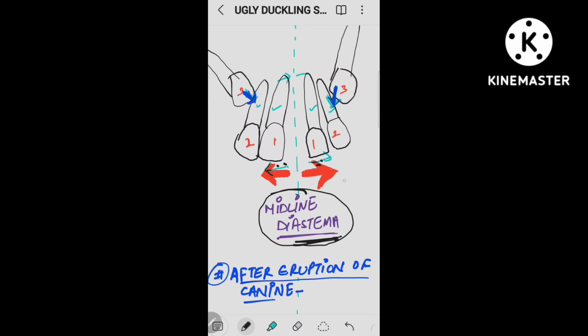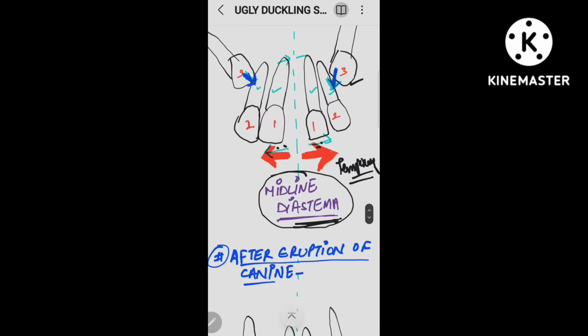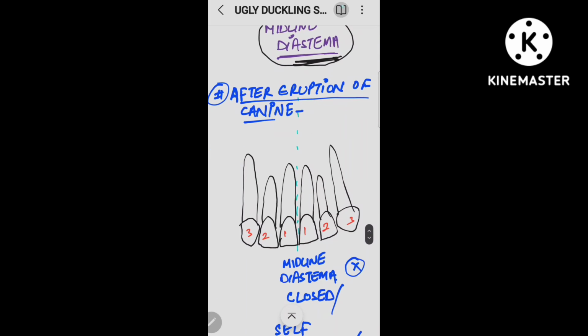This situation is temporary, and it is corrected on its own after the eruption of the permanent canines. Once the canines have erupted into the oral cavity, the pressure on the roots of the lateral incisors and the central incisors will be relieved, and the crowns will come together, and hence the midline diastema will close on its own.